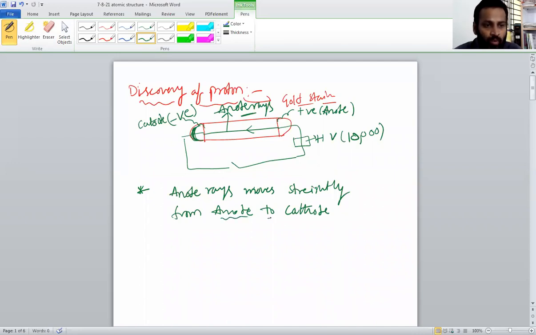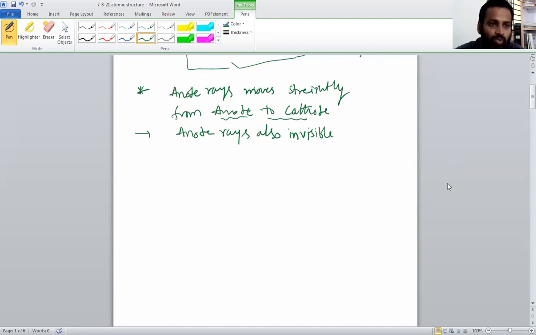This is the most important thing. The next important point is that anode rays are also invisible.